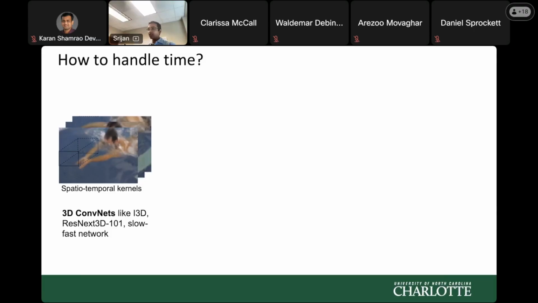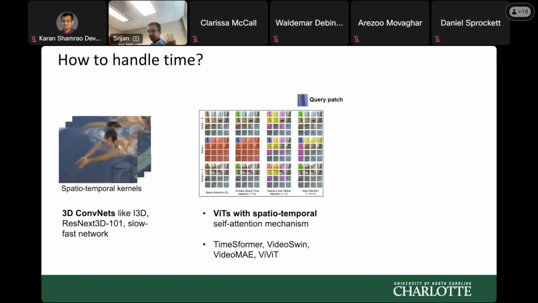But in 2020, with the emergence of vision transformers, people shifted towards using transformers because the throughput is good, and their effectiveness is pretty good. When you have large scale data, it's better to use these kinds of vision transformers. So vision transformers with spatial and temporal attention is something that people started using.